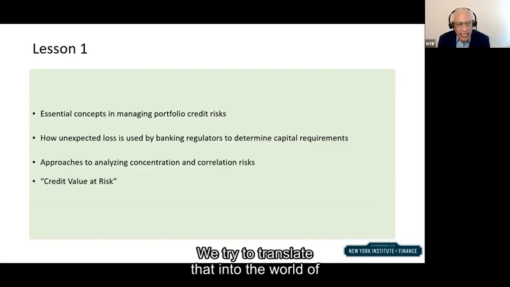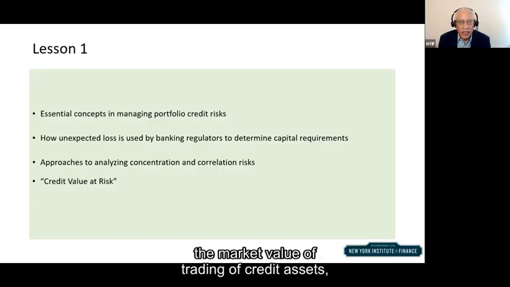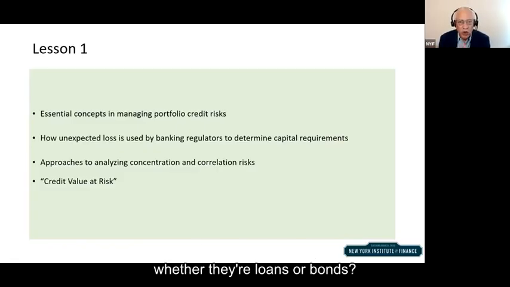We try to translate that into the world of credit. In the world of credit, we say, because of credit deterioration, what can we lose the most within a certain confidence in terms of the market value of trading of credit assets, whether they're loans or bonds?